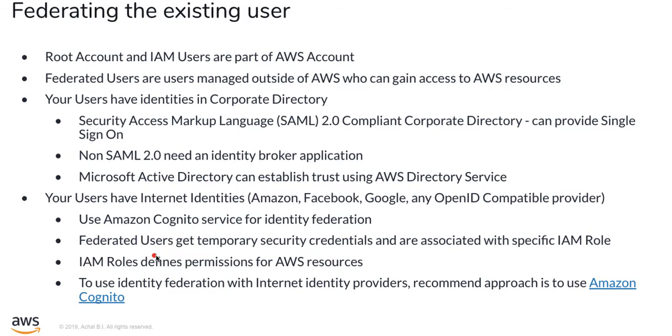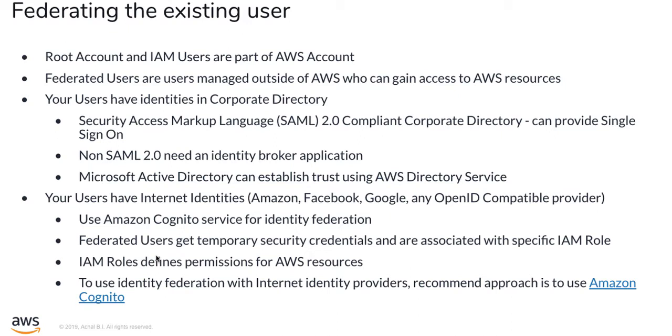These federated users always get temporary security credentials, and they are associated with specific IAM roles. IAM roles define the permissions for the AWS resources. As and when they try to log in to our AWS system, they get a temporary credential which will have an expiration time.